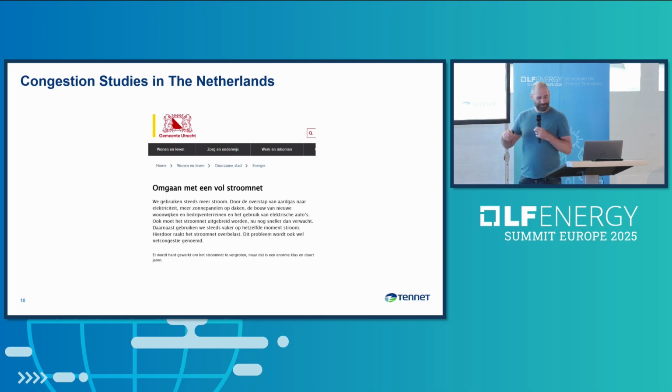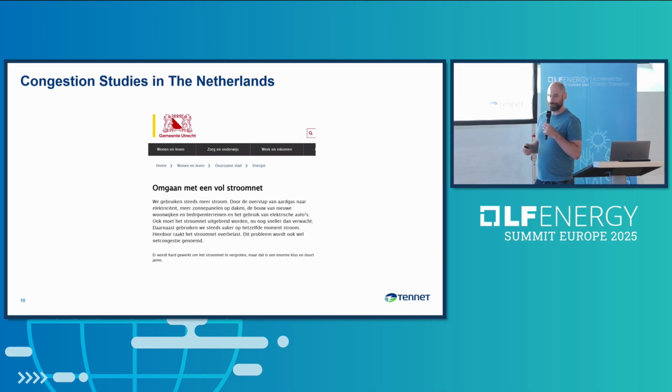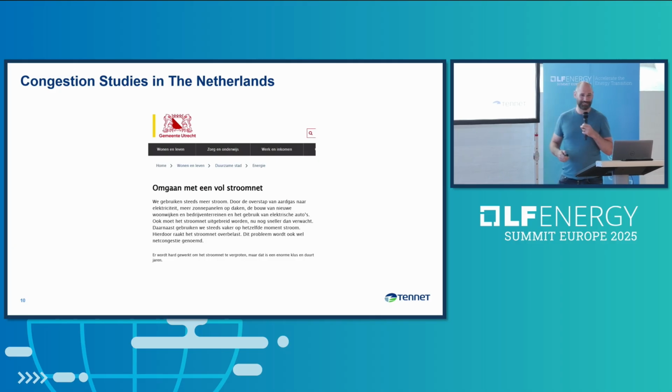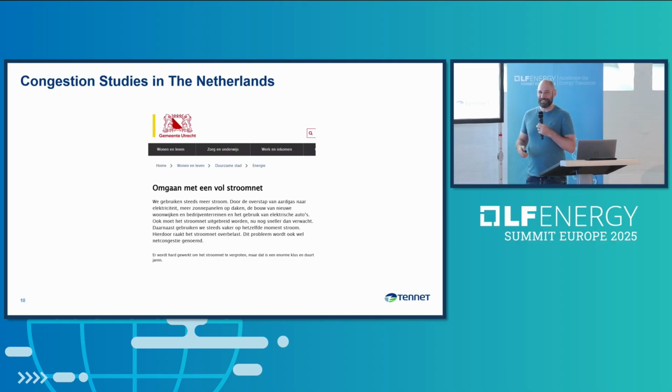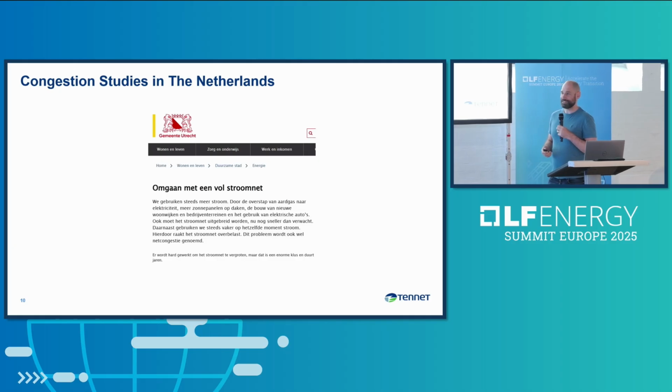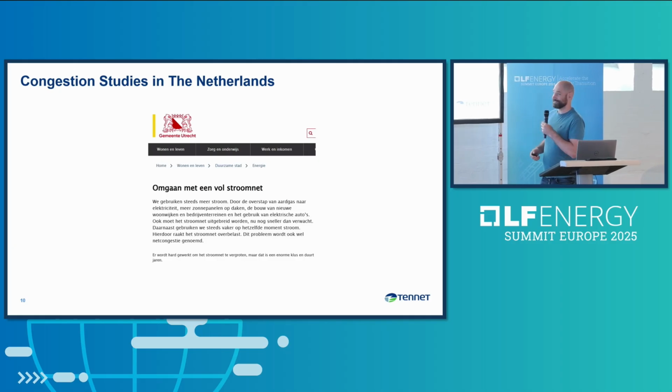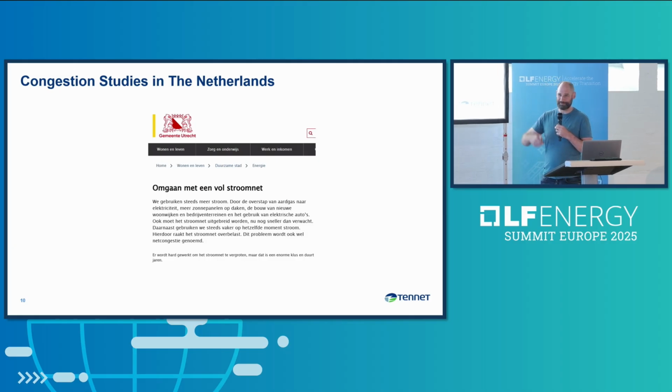But first, let's go a little bit back to why we do this. Jasper already mentioned there is a lot of congestion in the Netherlands. It manifests itself in news items like this one in the province of Utrecht, where congestion is sometimes handled at the end user side instead of in the grid.